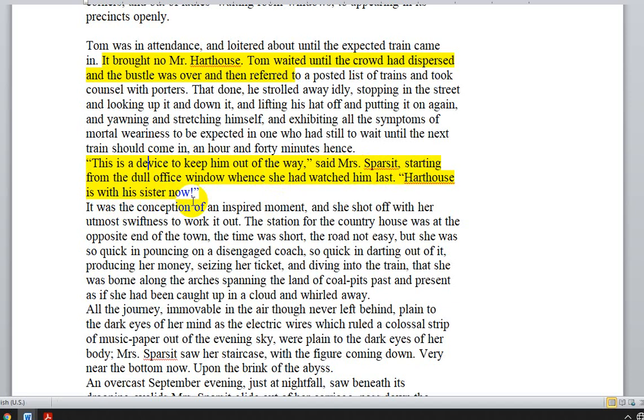As if we have Mrs. Sparsit as an omniscient narrator that feeds us with information. Now she gives us what comes next. She predicts that Hothouse is not in Yorkshire and he is not coming on this train. Tom was deceived by Hothouse, and Hothouse might be with Louisa now, and she is correct.